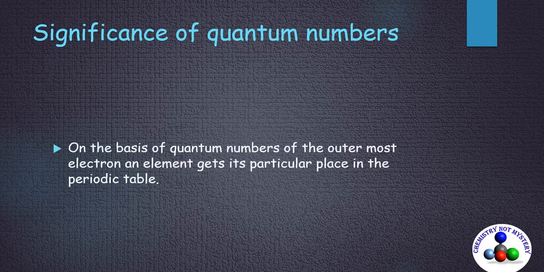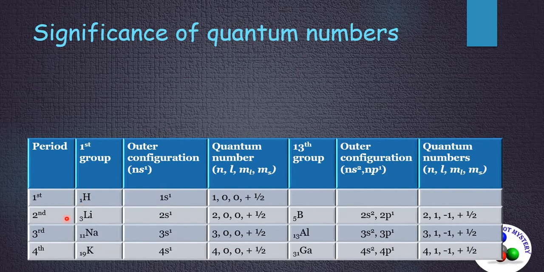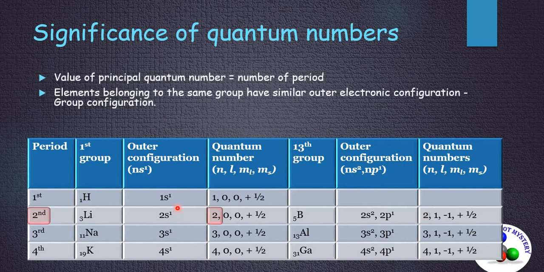So, what is the significance of quantum numbers? On the basis of quantum numbers of the outermost electron, an element gets its particular place in the periodic table. Elements belonging to the same group have similar outer electronic configuration, and that is called the group configuration. For example, configuration of hydrogen is 1s1, configuration of lithium is 1s2, 2s1, configuration of sodium is 1s2, 2s2, 2p6, 3s1.